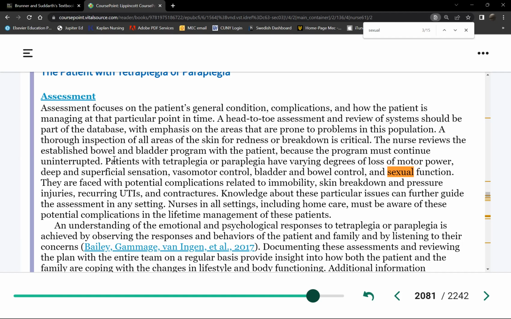Okay, right here. Patients with tetraplegia or paraplegia have varying degrees of loss of motor function. Keep in mind that sexual activity is still possible in these patients. Remember the example I gave last week or two weeks ago: if you're paraplegic, can you feel anything below your waist? Is it possible that you're sitting on your balls?